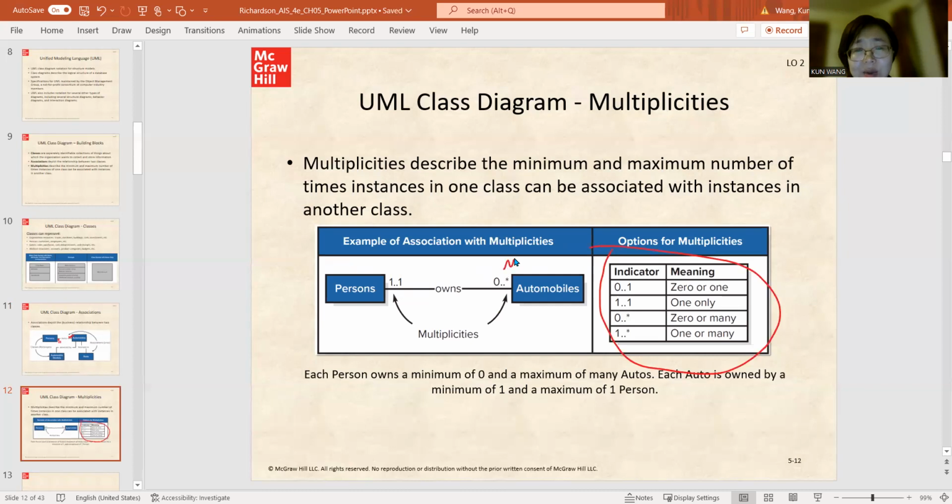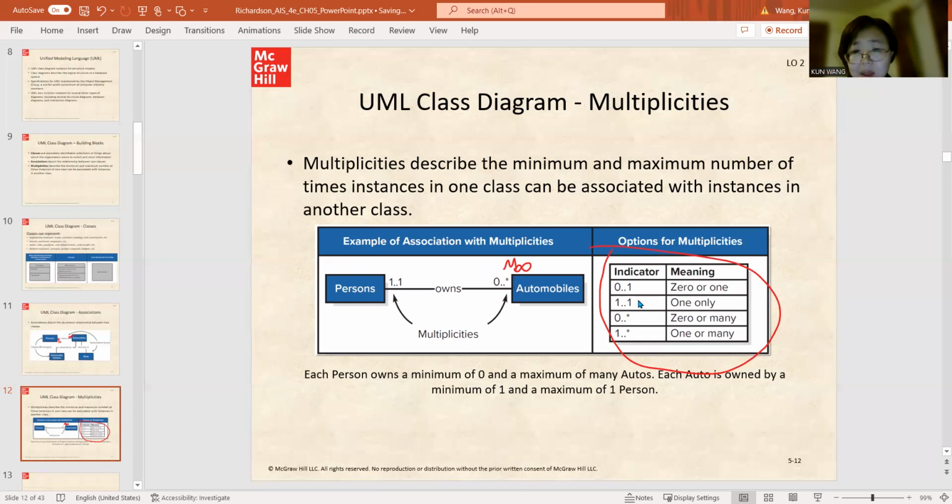I use the M because I see some other modeling use M to indicate unlimited. And when we use Access later, they use the infinite symbol to indicate this maximum, or unlimited.